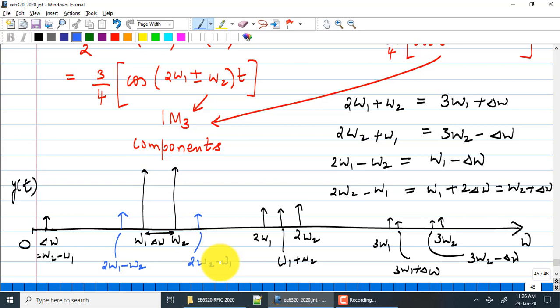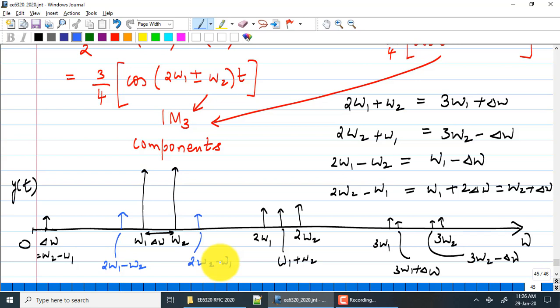If you choose delta omega to be very small, these two intermodulation terms, 2 omega 1 minus omega 2 and 2 omega 2 minus omega 1, actually fall very close to the original signals in band, effectively inside the bandwidth of operation of the amplifier or filter or whatever circuit it is.